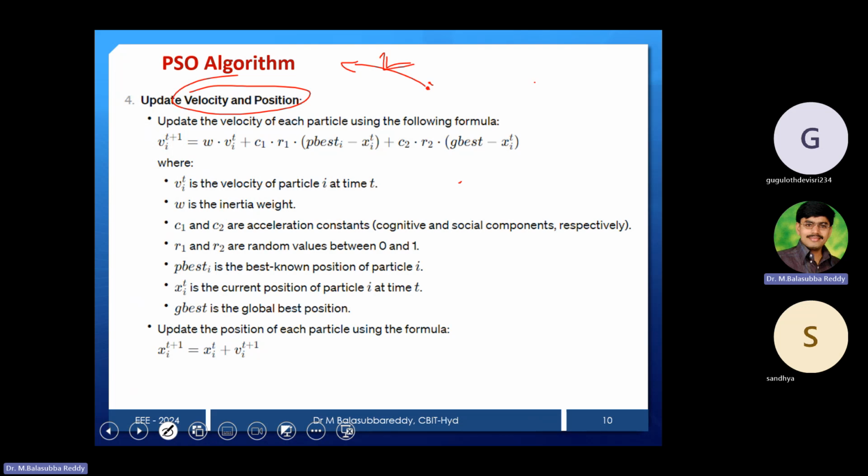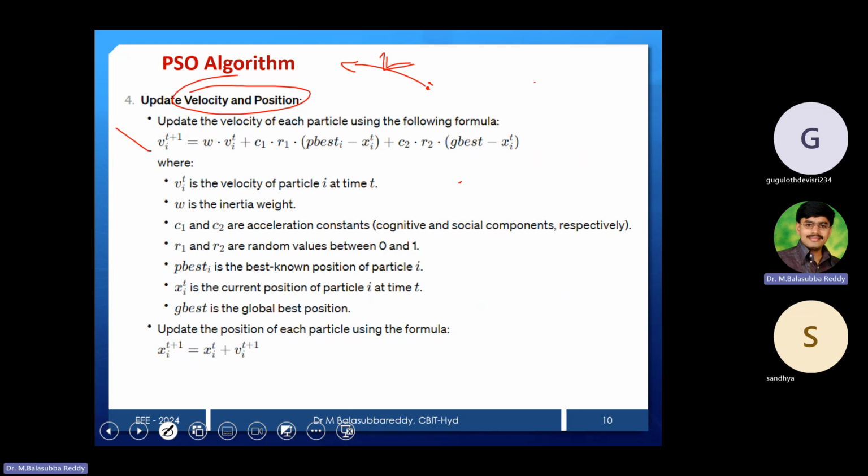So once we are moving there, we call it a velocity update. So update the velocity using this function. From the initial position, we are moving with some velocity.